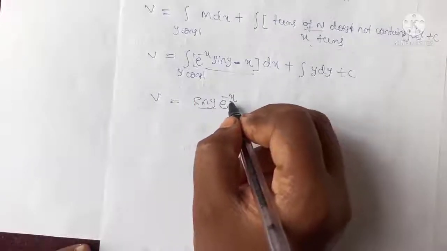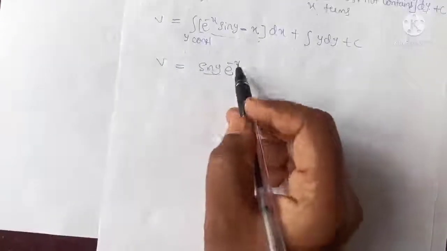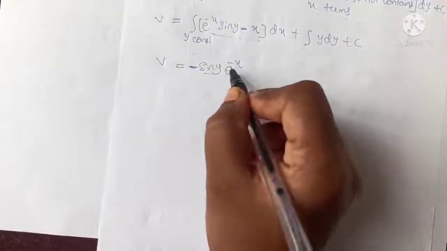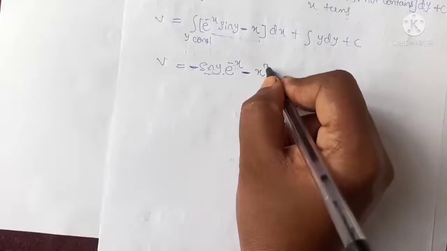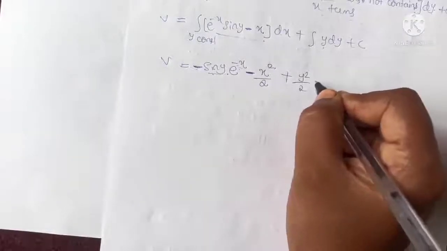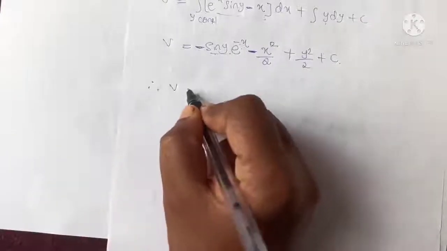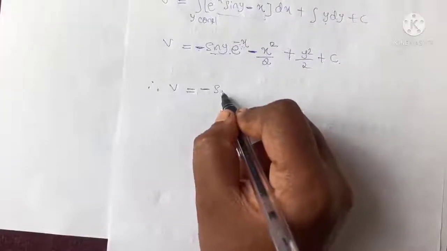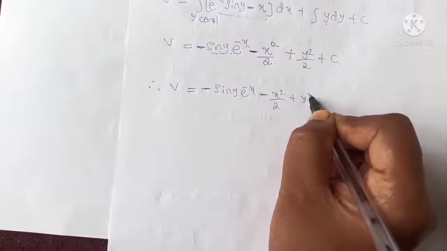So we get minus sin y e raised to minus x, minus x square by 2, plus y square by 2. Therefore v equals minus sin y e raised to minus x minus x square by 2 plus y square by 2.